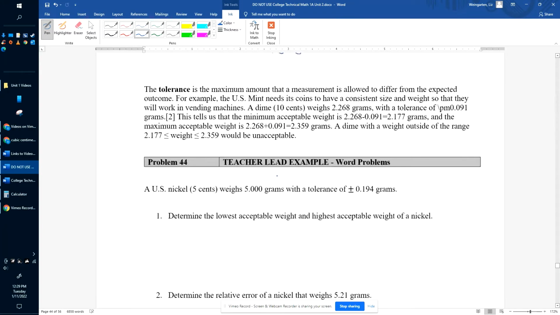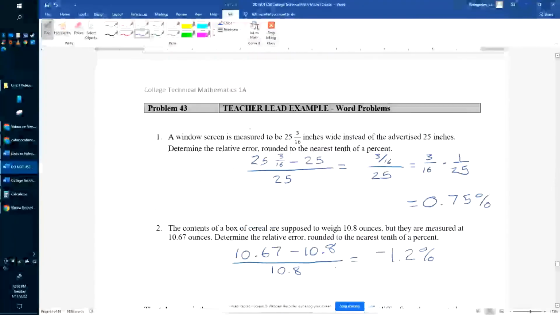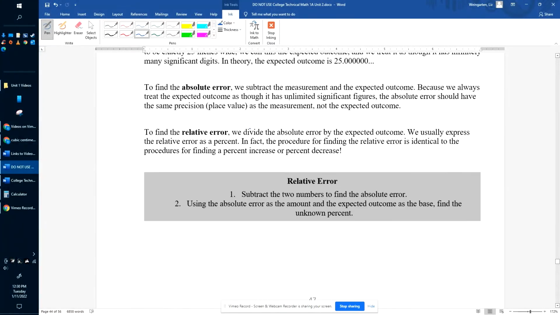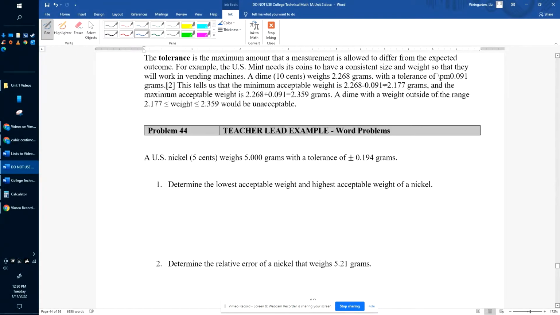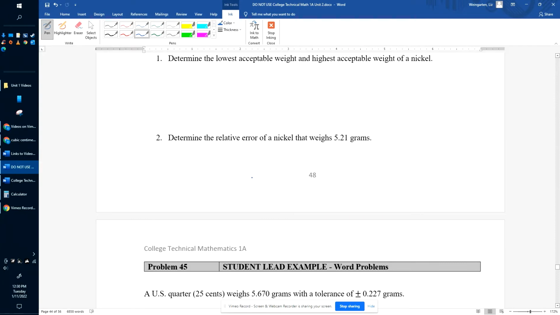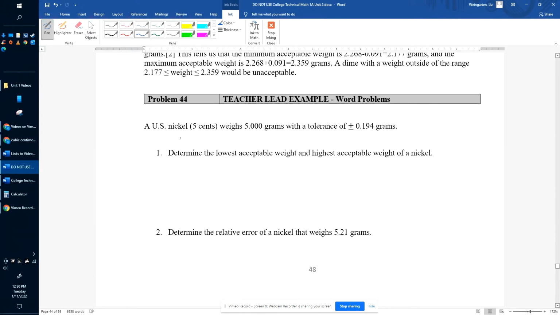We have tolerances. A tolerance is the maximum amount that a measurement is allowed to differ from the expected outcome. So that's putting a limit on our absolute error. So let's take a look at these US Mint examples. A US nickel, 5 cents, weighs 5 grams with a tolerance of plus or minus 0.194 grams.